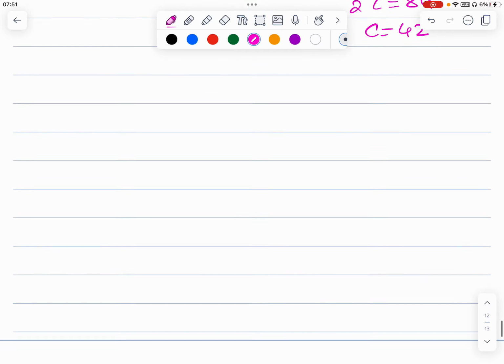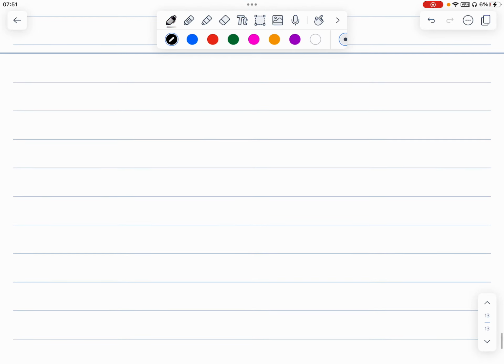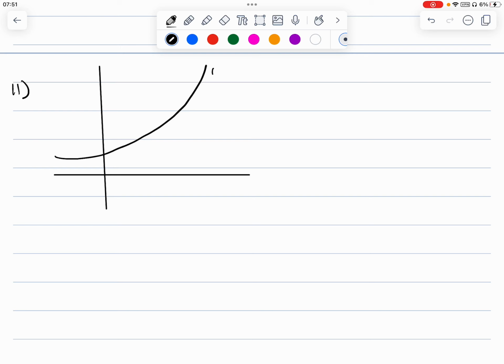Now question number 11 is about graphs. He has given one simple graph over here, which is y equals b power x, and this point has been given as (1, b), and this point has been given as (0, 1).